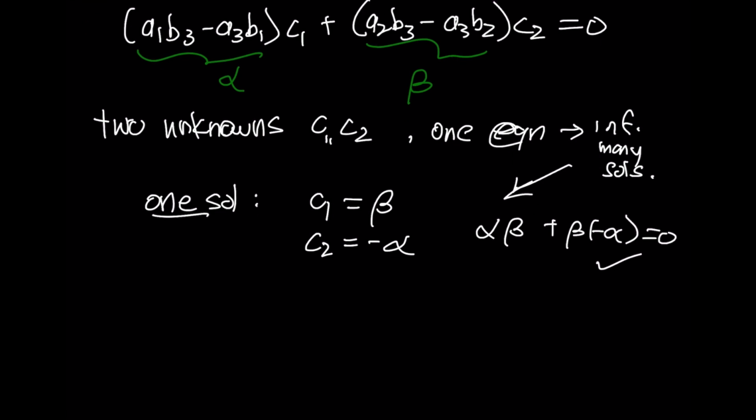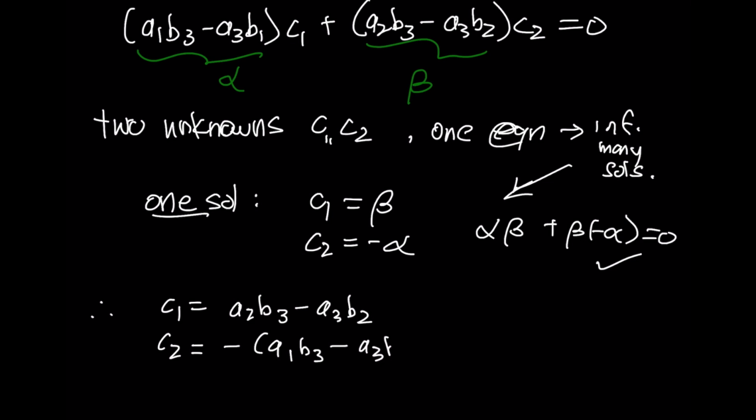That means I know two of the components of my solution. C1 is beta, so that's A2B3 minus A3B2. C2 will be negative alpha, so that's negative (A1B3 minus A3B1).